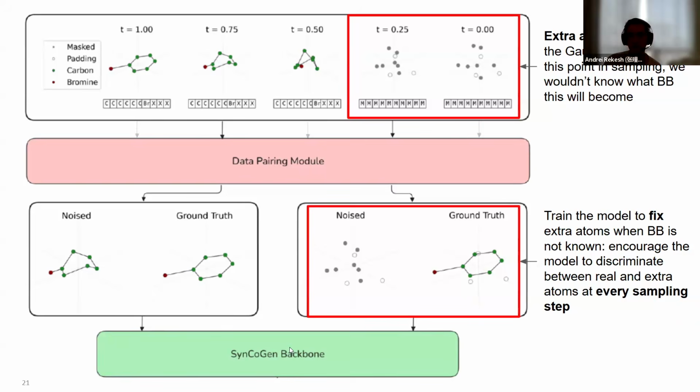No, it's not actually a discriminator. Maybe I shouldn't have used the word discriminate, because that implies that there's classification involved when there isn't. When I say discriminate, I'm referring to the fact that through this data pairing, we encourage the model to pick some atoms to reassemble and some to leave alone.